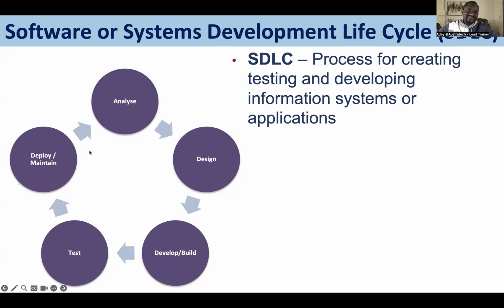Once you deploy it, it is deployed into operations. Remember, we talked about business as usual. We talked about operations being different from projects. So you deploy into your business as usual environment, and basically what then follows is the maintenance of that system or service.